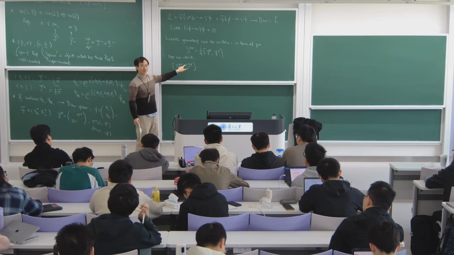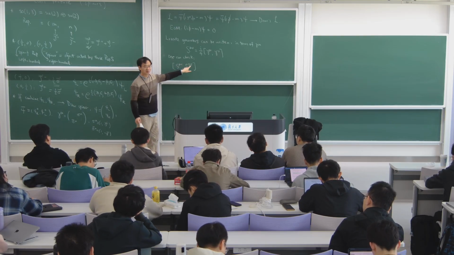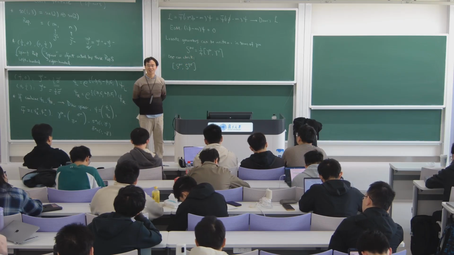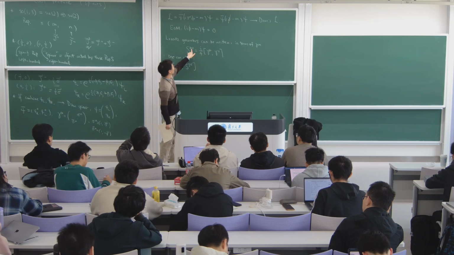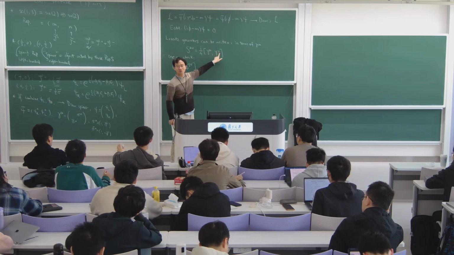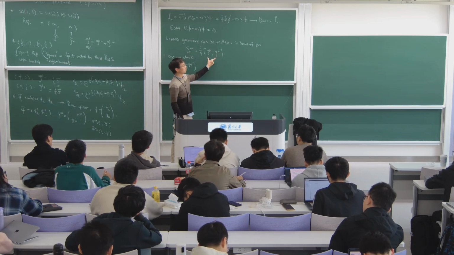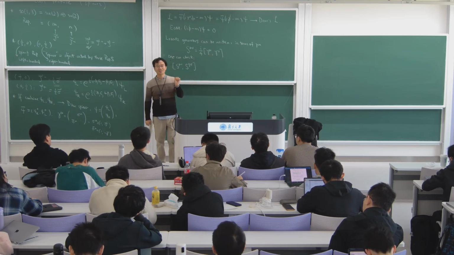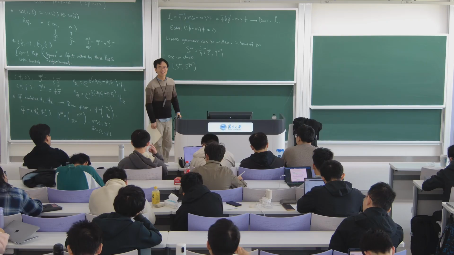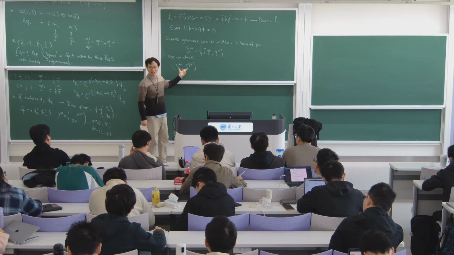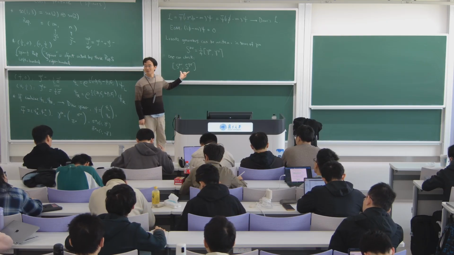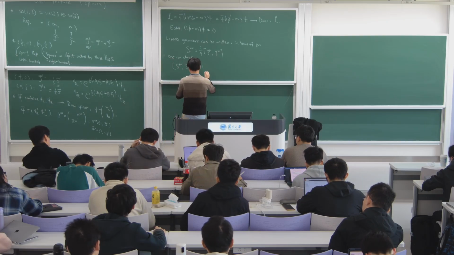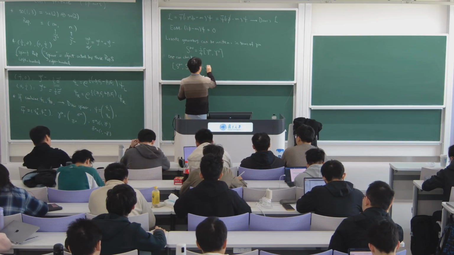For specified mu nu and rho sigma, this is already a matrix. Each gamma with a specified index is already a matrix, so by this commutator I mean the commutator for those matrices. We can work it out.